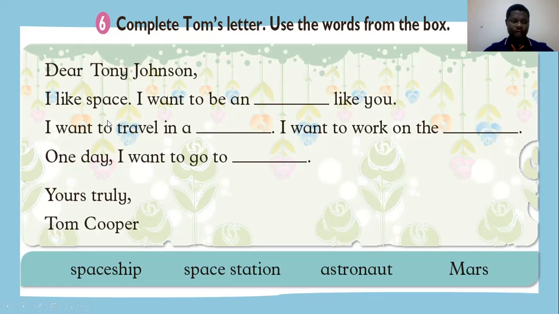Let's put the answers together. Dear Tony Johnson, I like space. I want to be an astronaut like you. Do you have it correct? Okay, I want to travel in a, so what is the answer here? What is your answer? My own answer is spaceship.